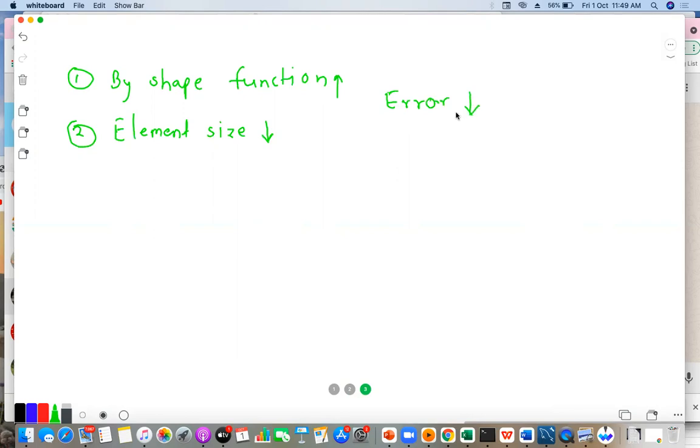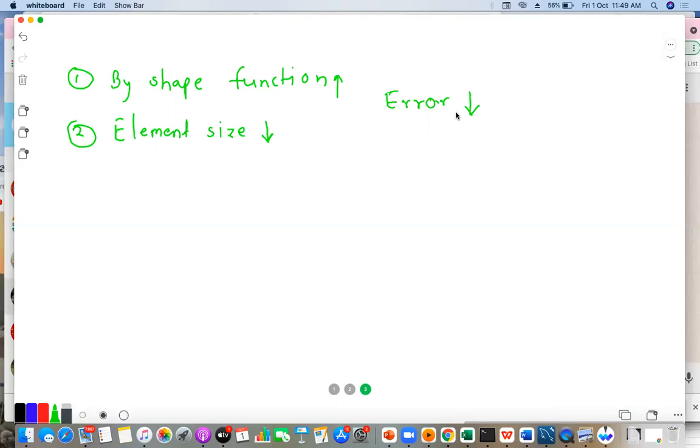Now, what is the problem? You will say that we should always do it, right? If you want an accurate solution, you should always have a higher order shape function or higher order polynomial, and always a smaller element size, right?